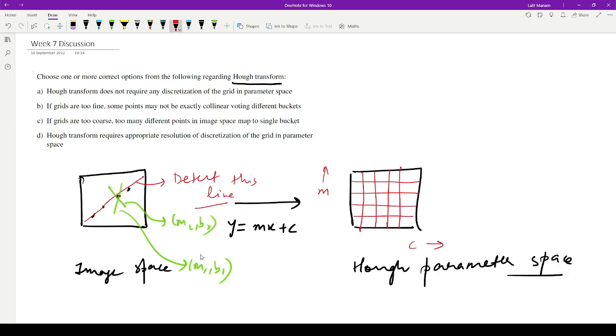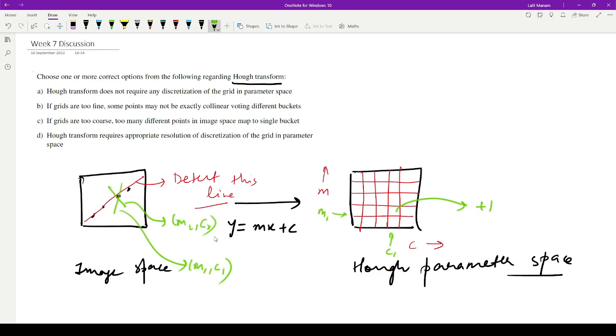Once we discretize it, assuming that M1 lies here, for instance, and this is C1, and maybe I'll just use the notations out here, this is C1 and C2. So M1 and C1 lie here, and this specific block will have plus one vote.